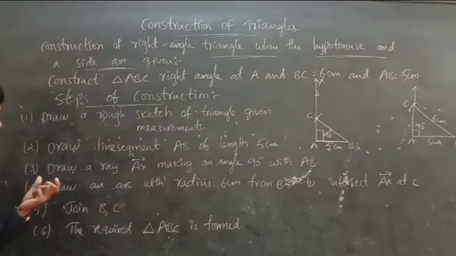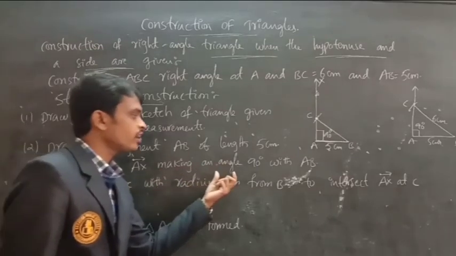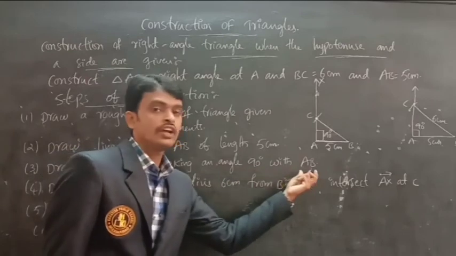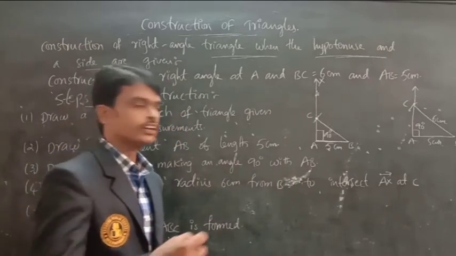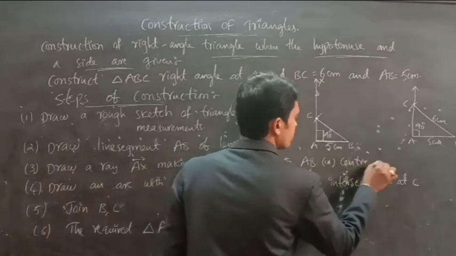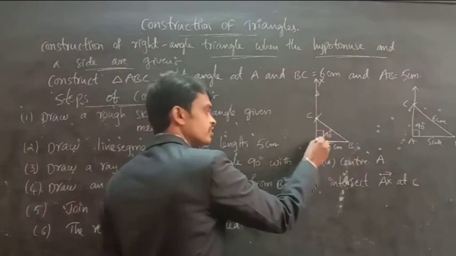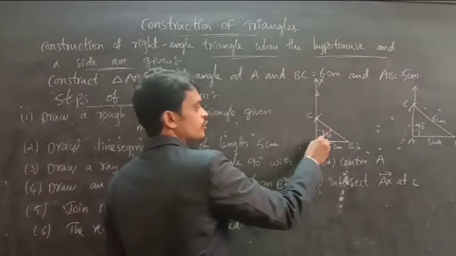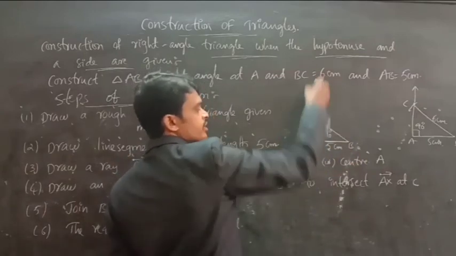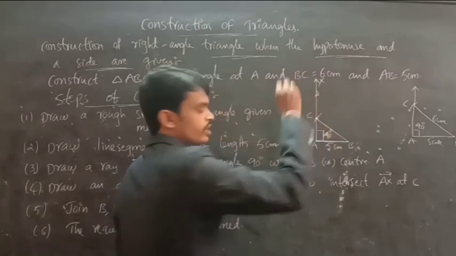Next, third step, draw a ray AX making an angle of 90 degrees with AB at center A. We should draw a ray AX by making an angle of 90 degrees.